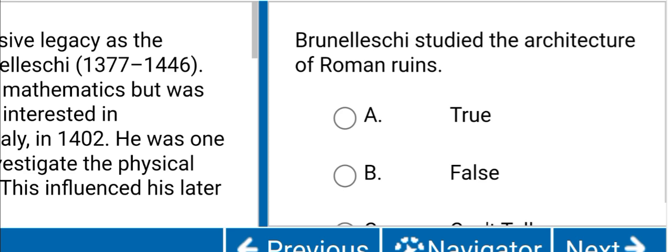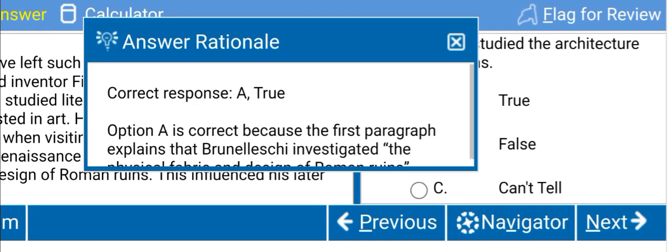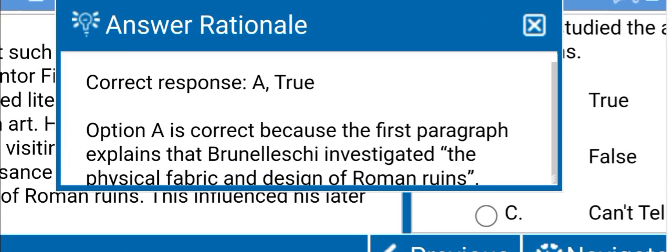Option A, true. Option B, false. Option C, can't tell. So here we have an explanation that the correct response is option A, which is true.